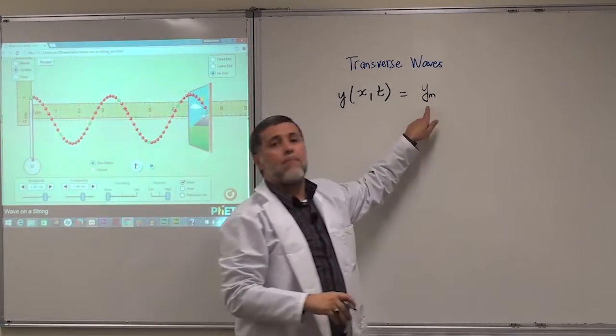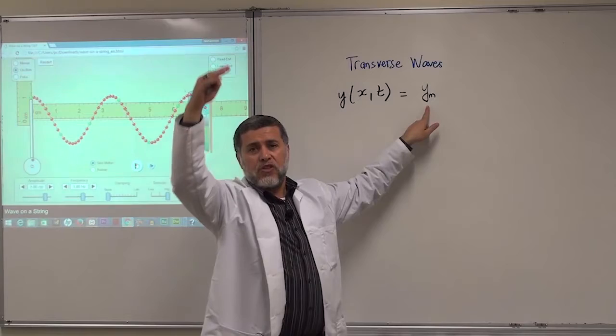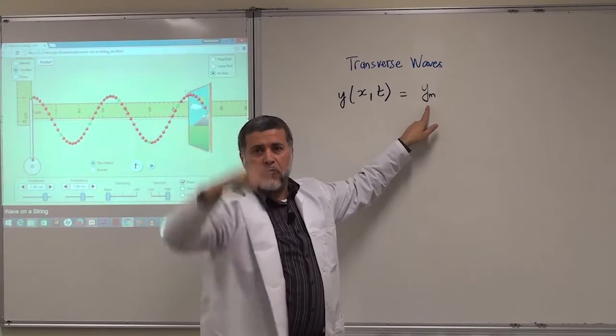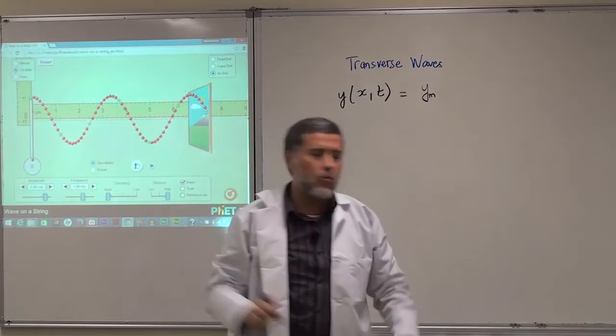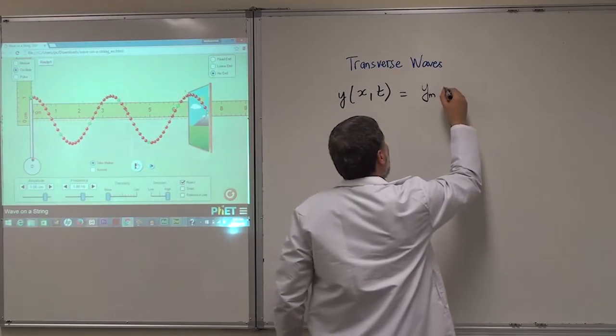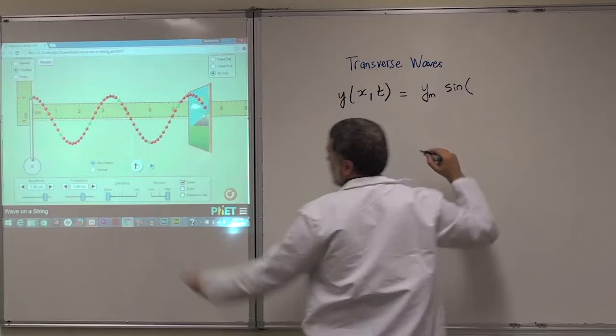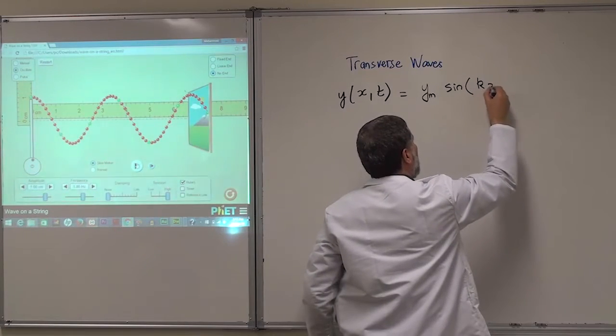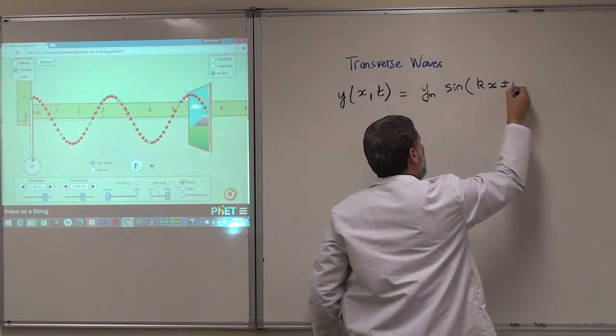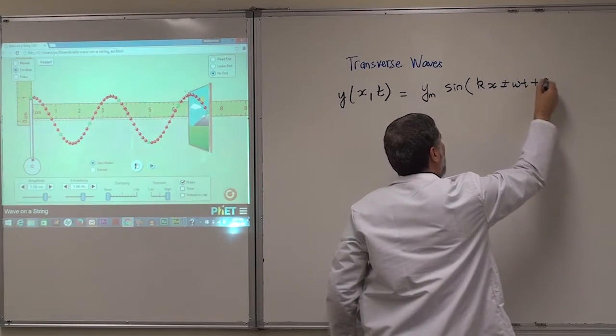So that's why ym is the maximum displacement from the origin, called the amplitude. Then we write sine, because it is clearly sinusoidal: sine of kx plus or minus omega t plus phi.